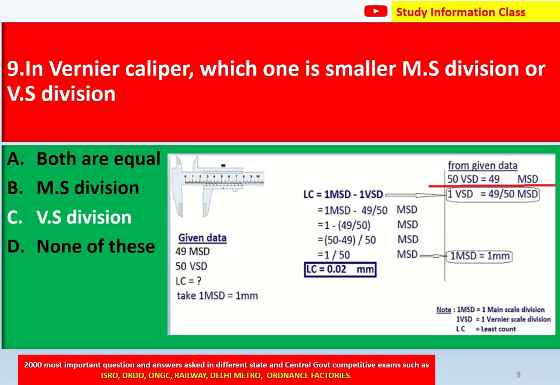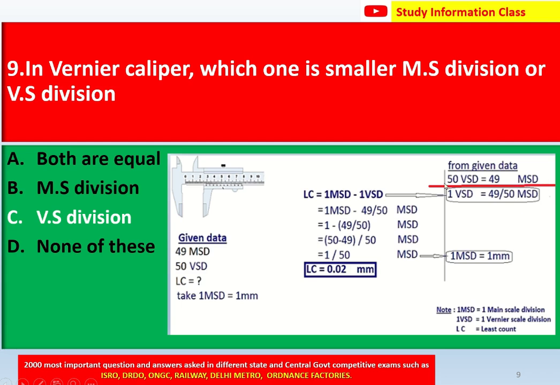In this question, we can explain this with an example. You are given data, 49 MST and 50 VST, and find the least count. Take 1 MST equal to 1 mm. We know that the least count is the difference between 1 MST minus 1 VST. From the given data, 50 VST is equal to 49 MST.